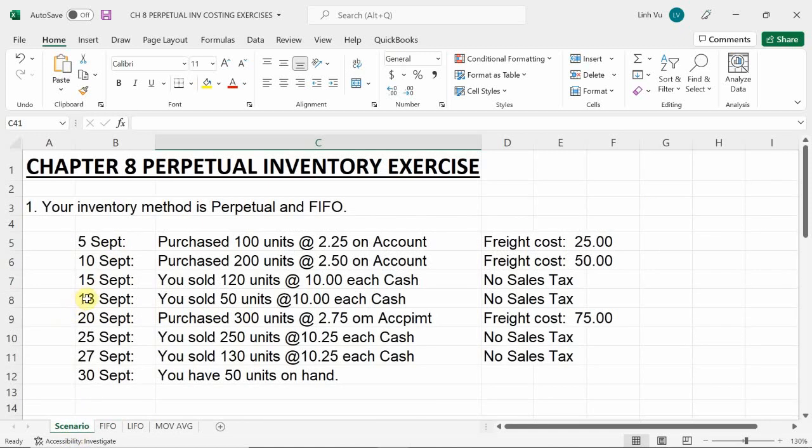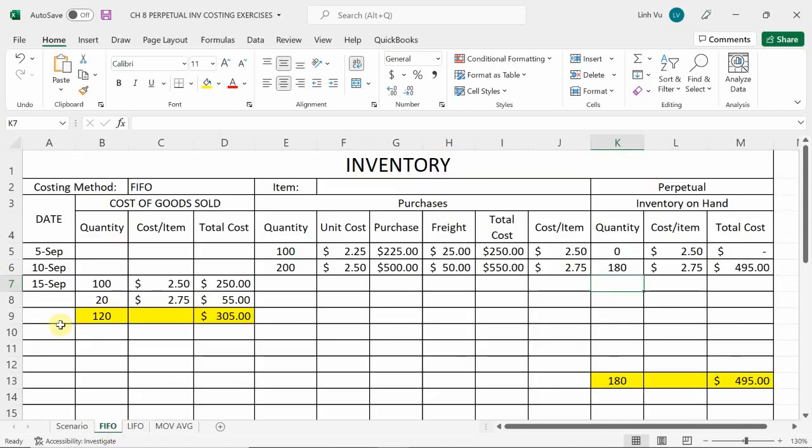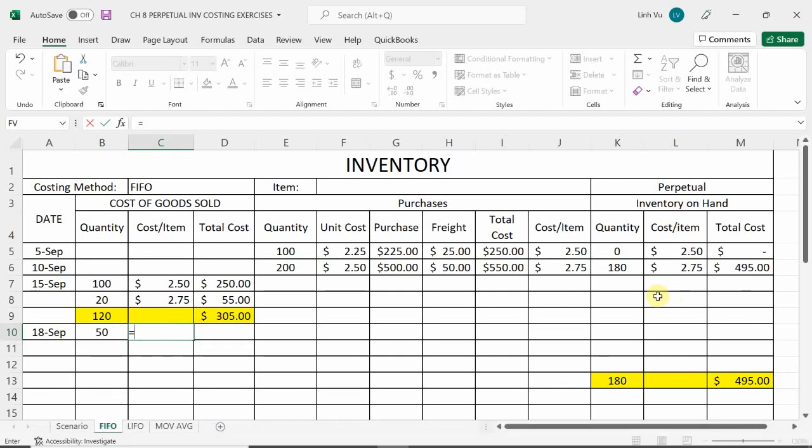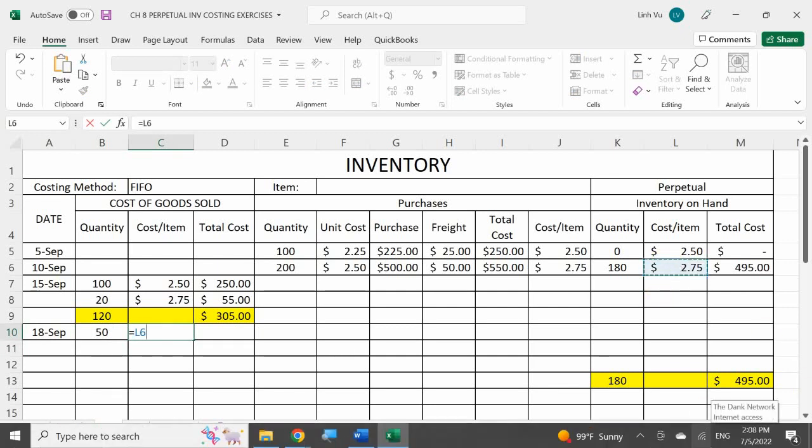Then on September 18, we sell 50 more units at $10 each for cash. In this case, I only have one batch of inventory. How much is it going to cost me per item? $2.75, since I only have one batch left.